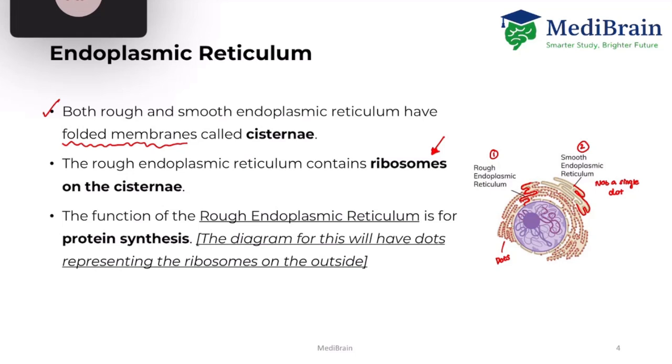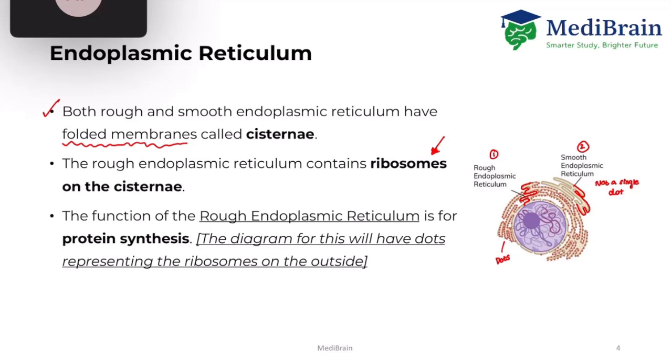In exam questions, what you will see is that the rough endoplasmic reticulum has the dots. On mark schemes, if you write down ribosome instead of rough endoplasmic reticulum, or vice versa, by accident, the mark scheme will normally allow it because both have very similar functions.